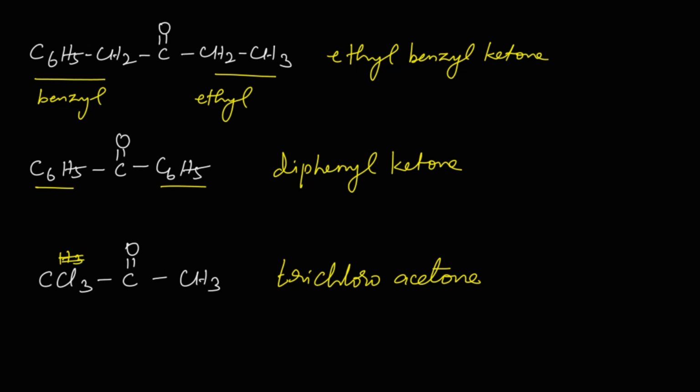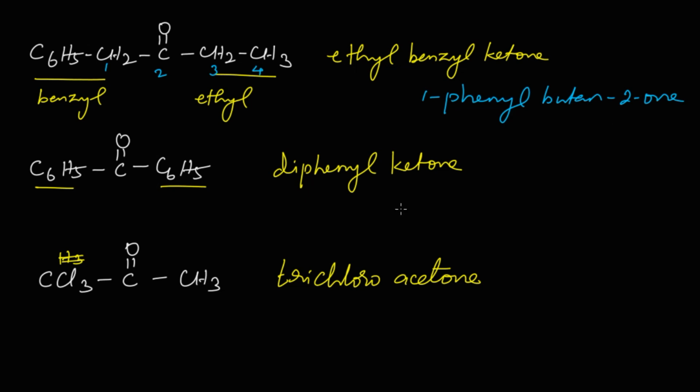Come on, let's give the IUPAC name for these compounds now. Here, count the carbon atoms: 1, 2, 3, 4. To the first carbon, a phenyl group is attached, so 1-phenyl, butane. The functional group ketone is present in the second carbon, so 2-one.